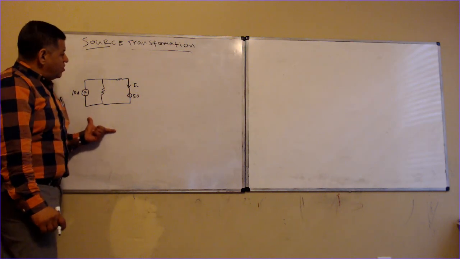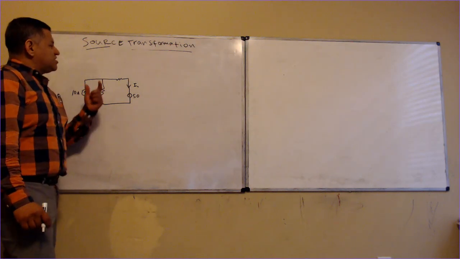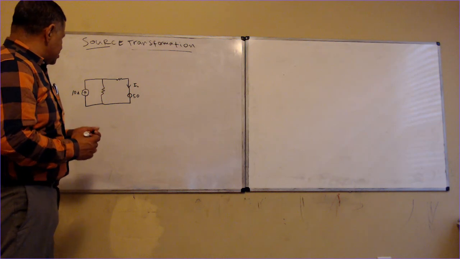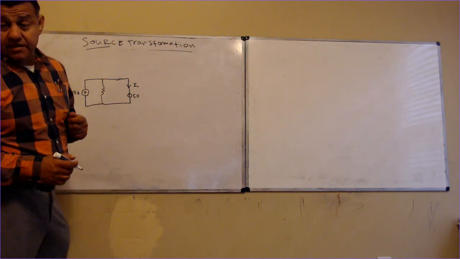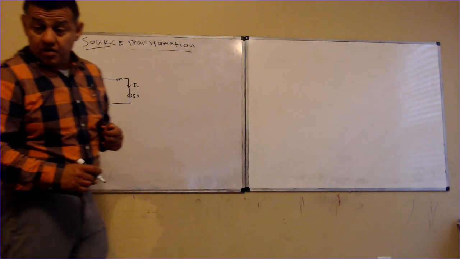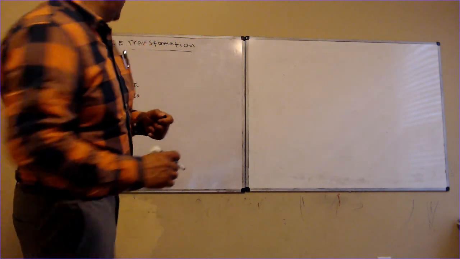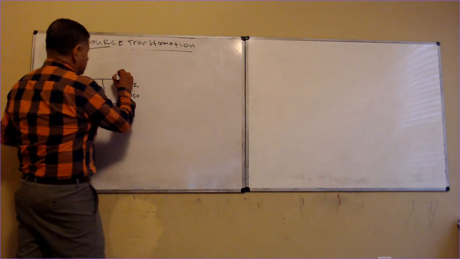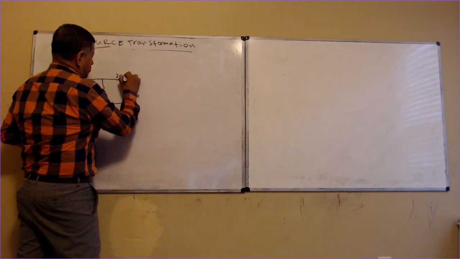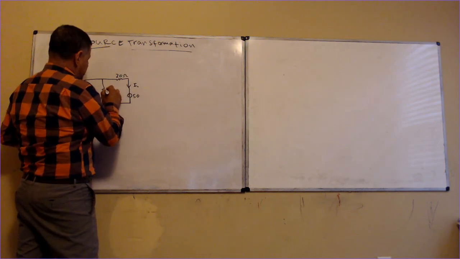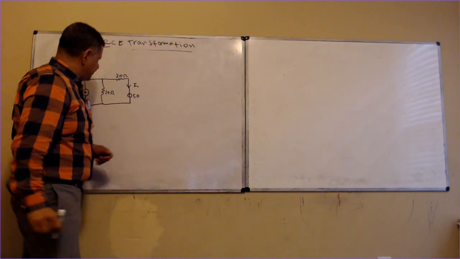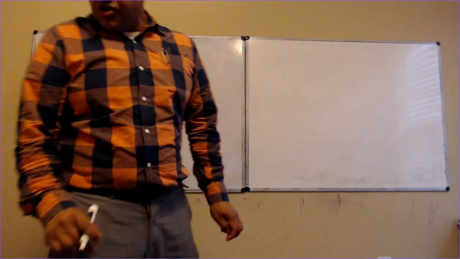Okay, so doing the source transformation, we need some values for that, which are 10 and 20: 20 ohms, 10 ohms.